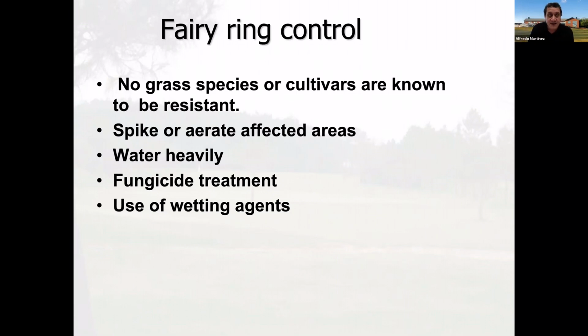We have some fungicides, but they really need to be put down into the root system. Sometimes, if it's only one or two rings, you can wet the area well with a fungicide. So that's one thing to look for, and that's important.